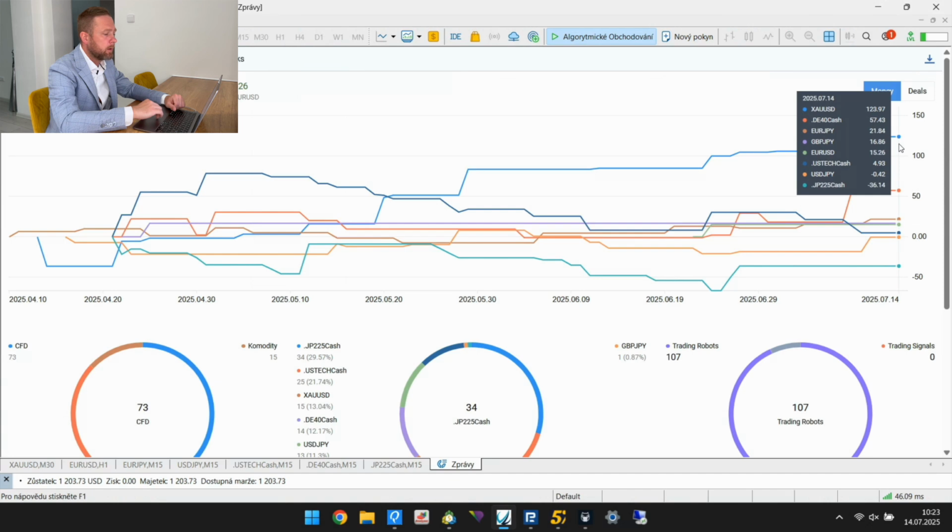And that is precisely the essence of this portfolio, because individual symbols that perform better can cover some longer-term losses from a symbol that is currently performing worse.